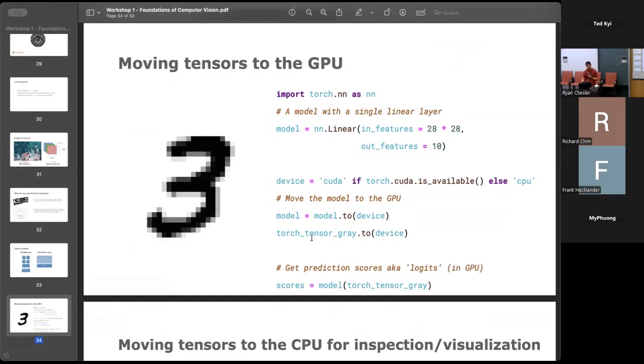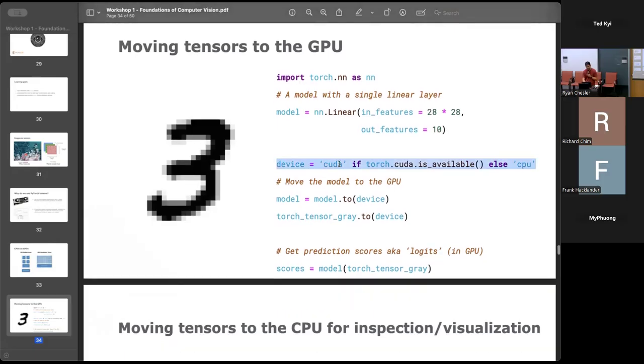So if you have something that's on CPU, for example, your image is on CPU, and you try to use a model that you loaded onto the GPU, you need to do an operation in order to shift them, in order to make it happen in the same place. So this is an extremely common line that you will see in pretty much everyone's code, just saying, if I have a GPU, make that the default device. If I don't, put it on CPU and just do the things manually.